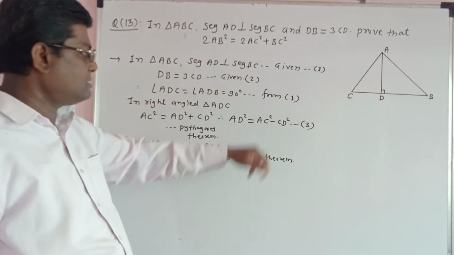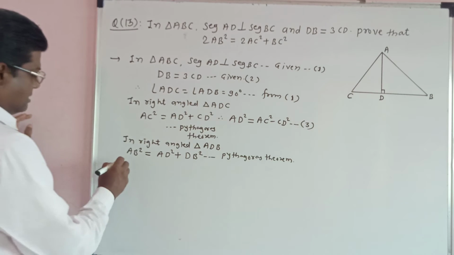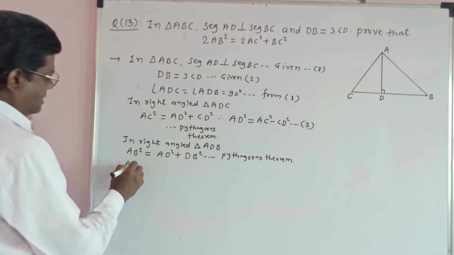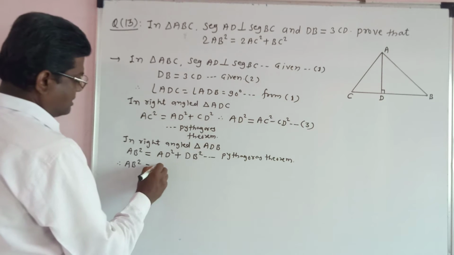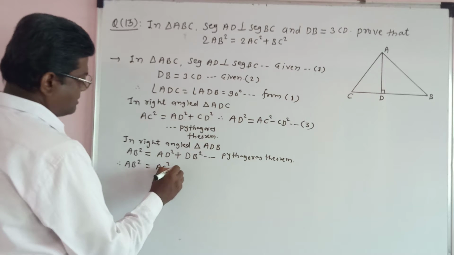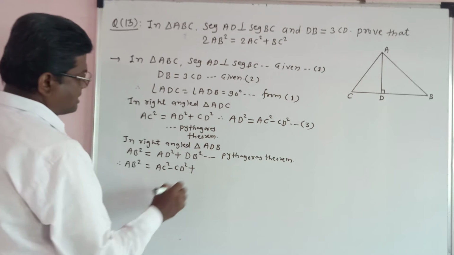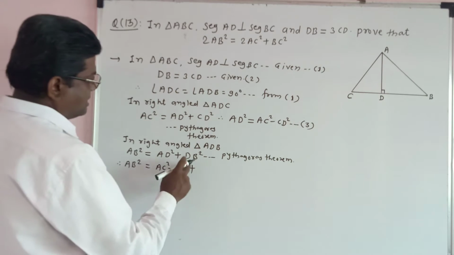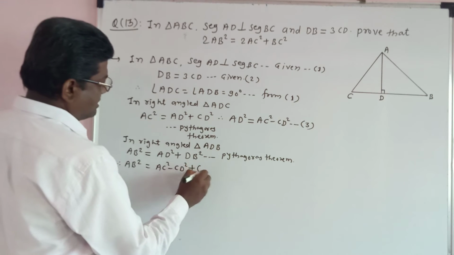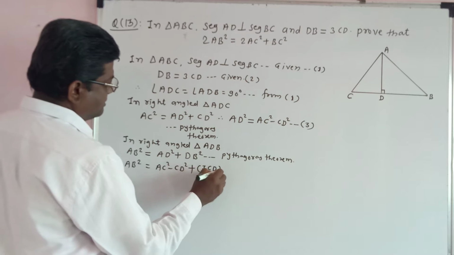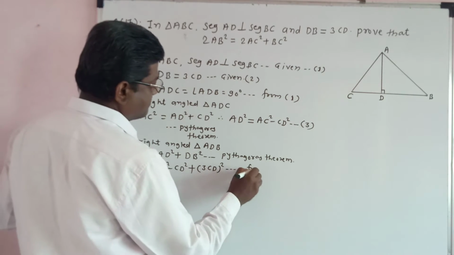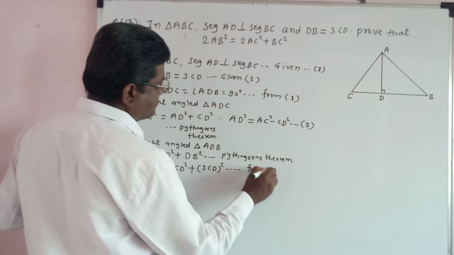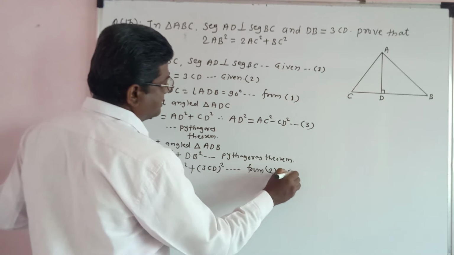So from equations 2 and 3, therefore AB square is equal to AD square, which is AC square minus CD square, plus DB square, which is 3CD square. Reason is from 2 and 3.